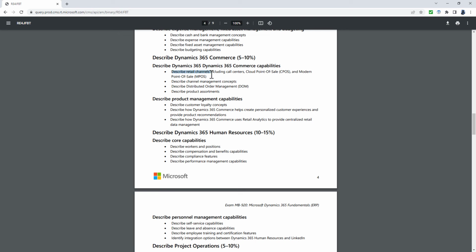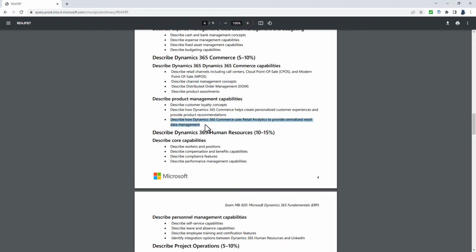And the first bullet point, describe retail channels including, is being changed to store commerce, call centers, and online. The second bullet point is being expanded to describe channels and channel management concepts. So I don't think there's really any significant change there. To describe channel management concepts, you'd need to know what channels are in the first place.